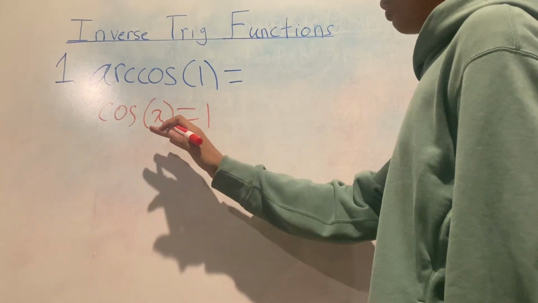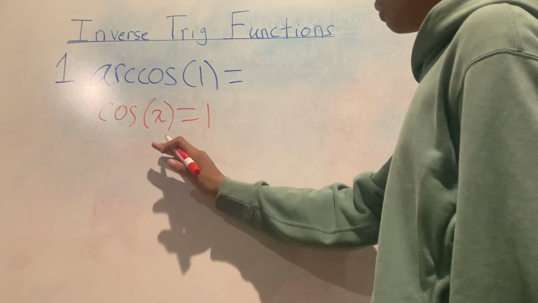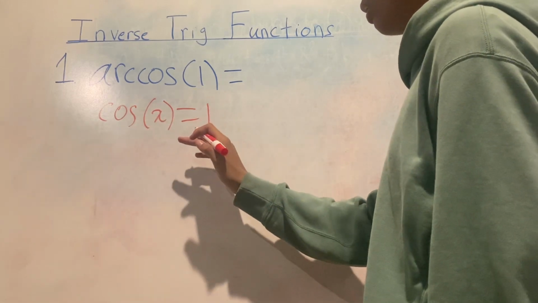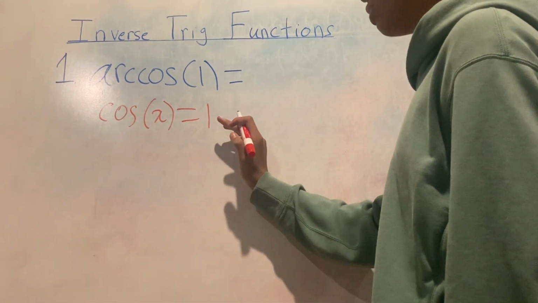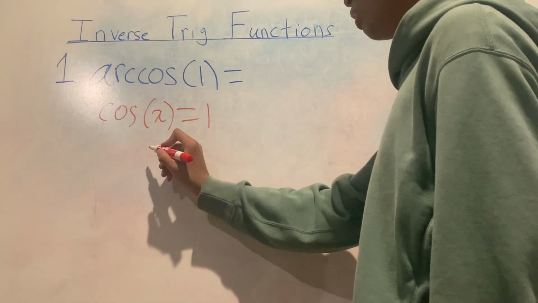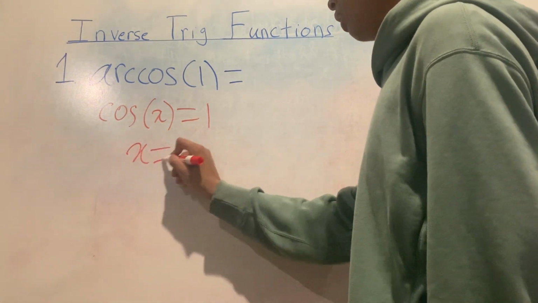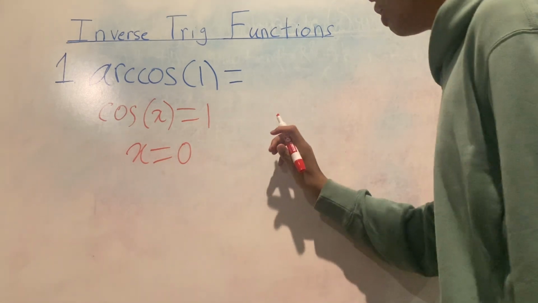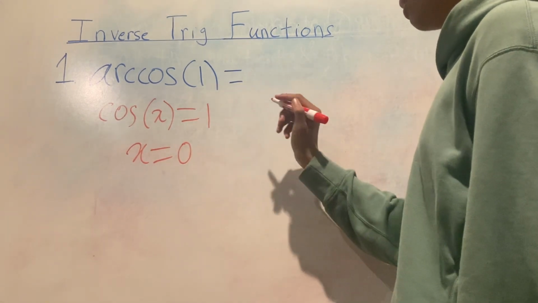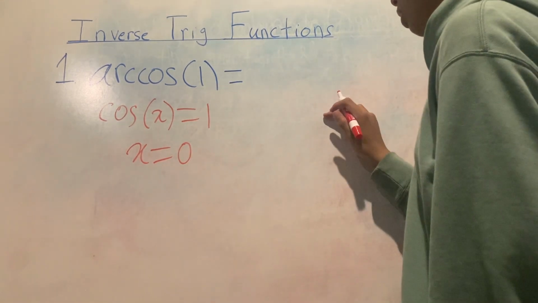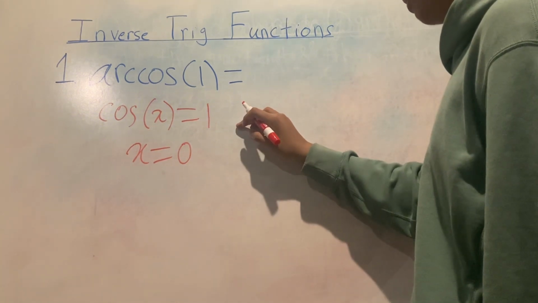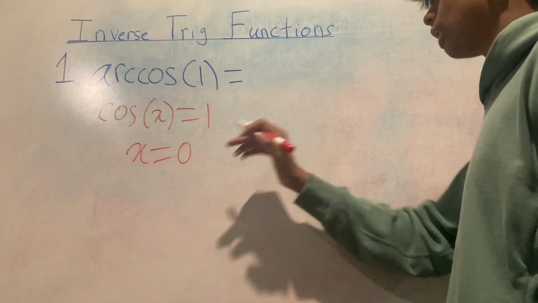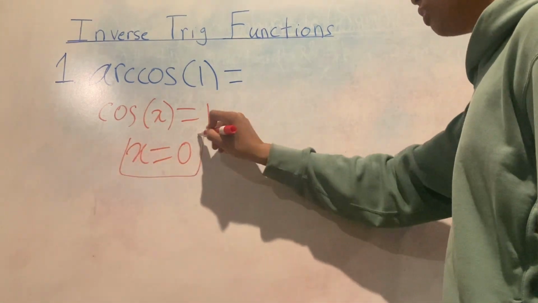This is asking what's the angle that will make cosine equal to 1. There's only one answer to that, which is just 0. So x is 0, and it can't be 2 pi or 360 degrees, because arc cosine only exists in the domain 0 to pi, and 360 is not in that domain. That's why x equals 0 is our only answer.